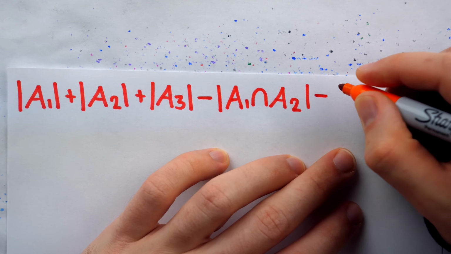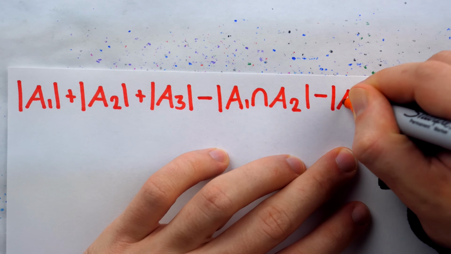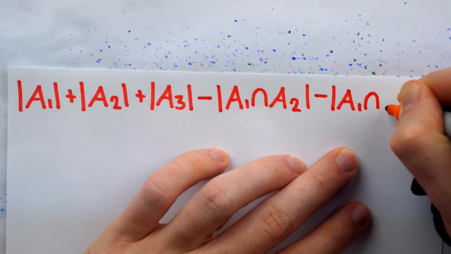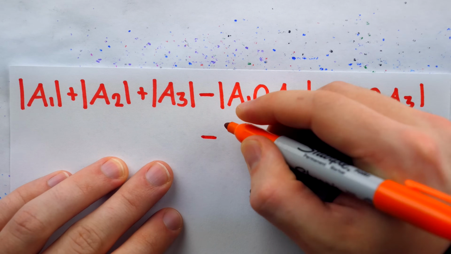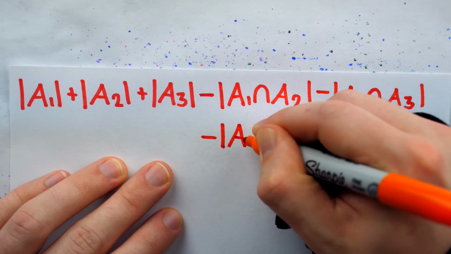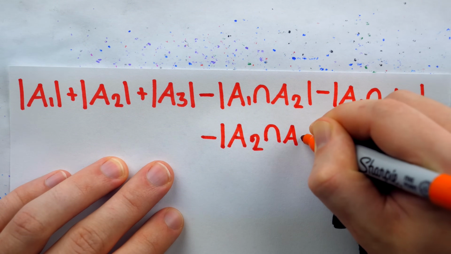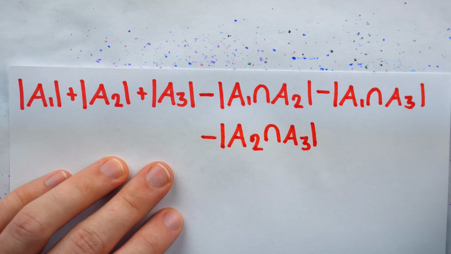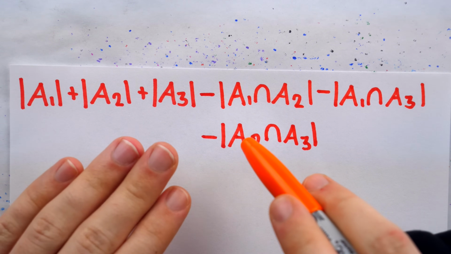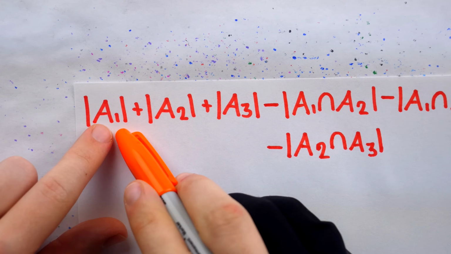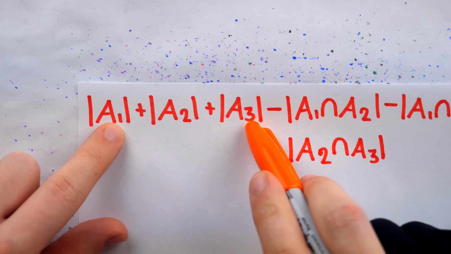The same can be said about functions that are in A1 and A3. And excuse me for going over a line, the same must also be said about functions that are in A2 and A3. So we've now excluded all of those functions that were double counted. But there's still an issue, because some functions miss 1, and they miss 2, and they miss 3.